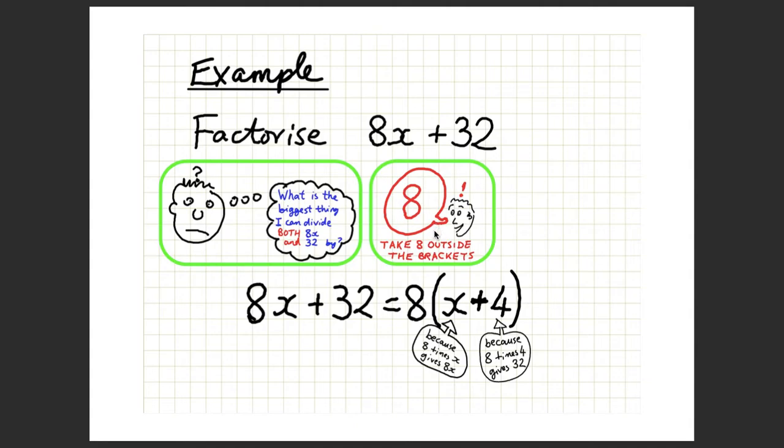And then, what do I need to multiply the 8 by in order to get a 32? I need a 4 inside the brackets because 8 times 4 will give me the 32 that I started with. So 8x plus 32 is equivalent to 8 brackets x plus 4 close brackets.